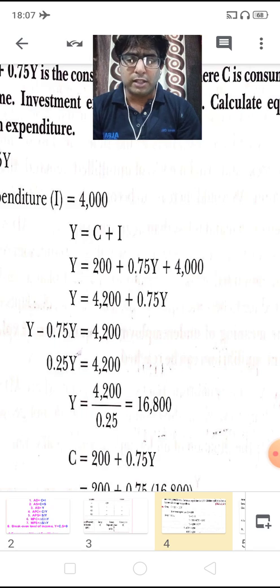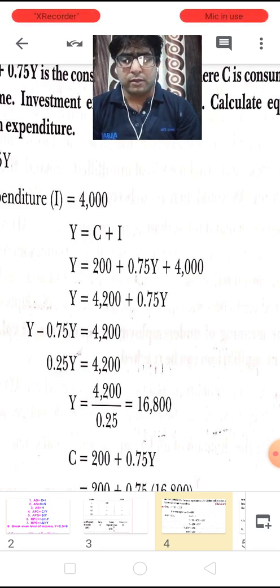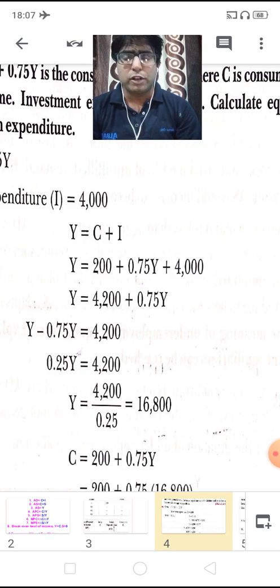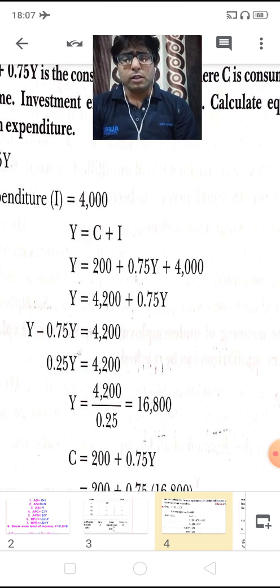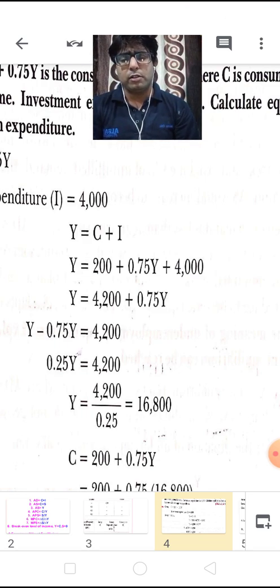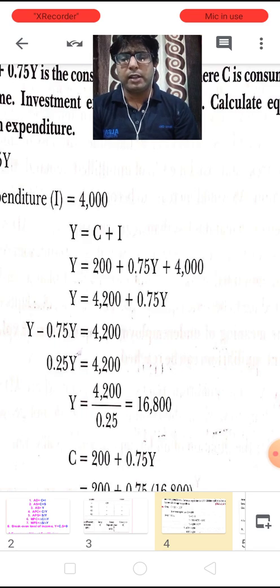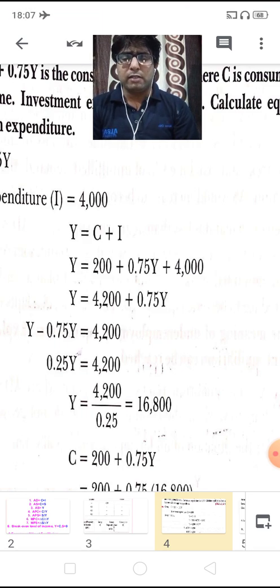Now when we put these values together, we get Y equals 4,200 plus 0.75Y. So by keeping 4,200 on the right hand side, we send the 0.75Y to the left hand side.